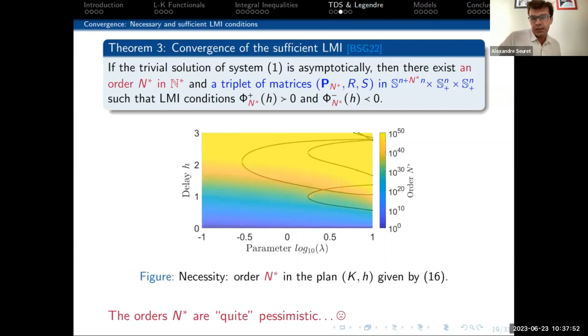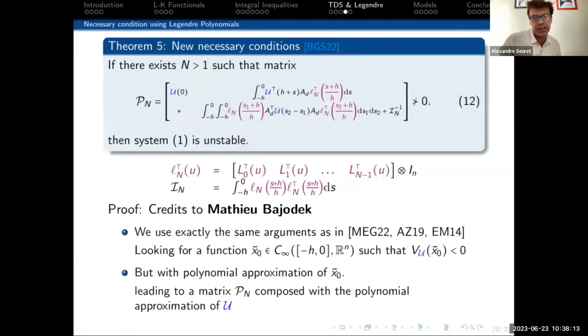So the thing is now, we had this issue about LMIs, and we said that LMIs are good, but at the beginning of the talk, I talked about necessary and sufficient conditions based on the complete Lyapunov-Krasovskii functional. This is another thing that Mathieu did during this last year of PhD, which was to translate the result of Sabine Mondie into the framework of Legendre polynomials.